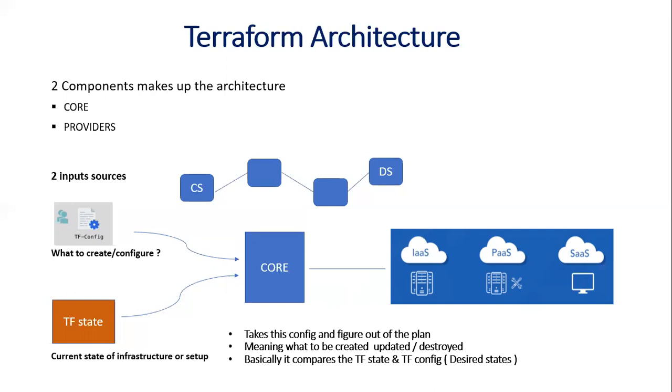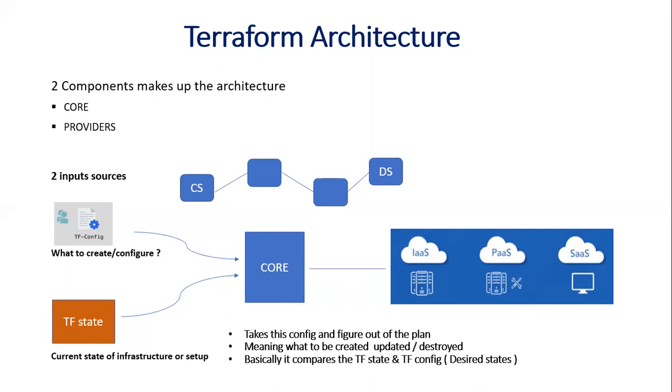Coming to providers, which is a different and very important component in the architecture, because whenever you want to run a command or create infrastructure, you need to define in your Terraform config file where you want to deploy it. It can be AWS, GCP, Azure, or any provider.